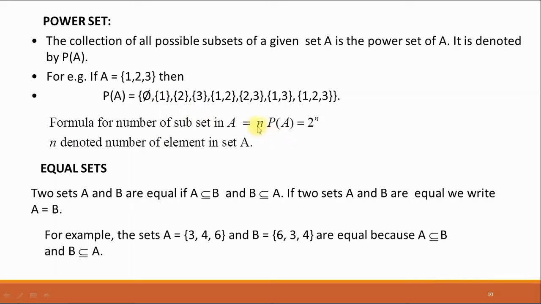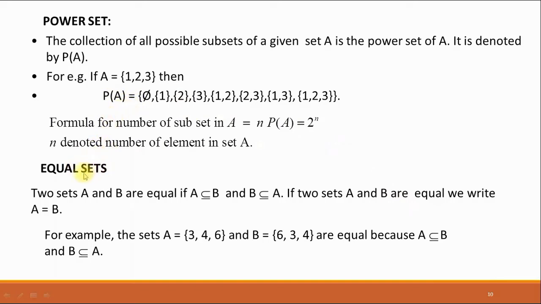The number of elements of the power set of A is equal to 2 to the power n, where n denotes the number of elements in set A. Since in this set there are 3 elements, we put 2 to the power 3, which means 2 multiplied by 2 multiplied by 2, 2 times 2 is 4 and 4 times 2 is 8. So there are 8 subsets for this power set.